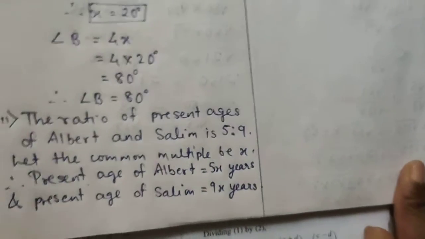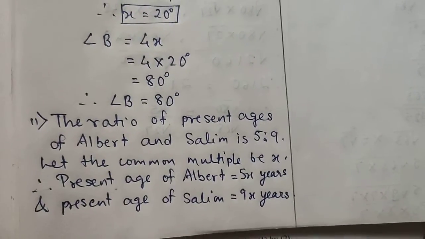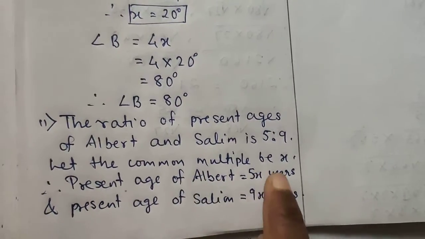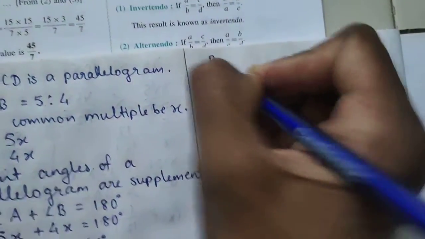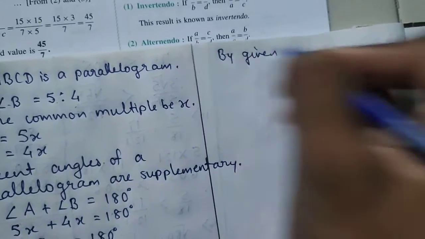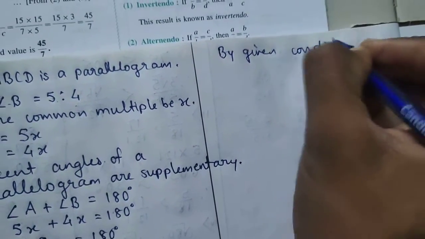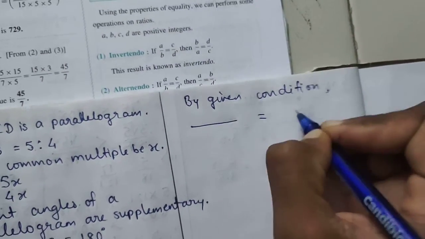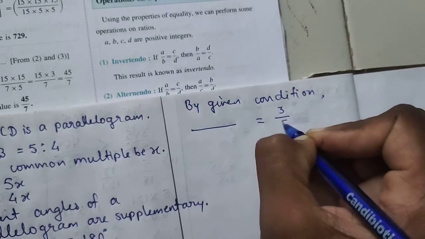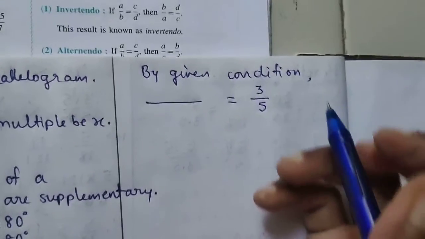Okay. Now, present age of Albert is 5x years and present age of Salim is 9x years. Now what is given to us? Let us write by given condition. We are given that 5 years hence, means after 5 years, this ratio becomes what? 3/5.